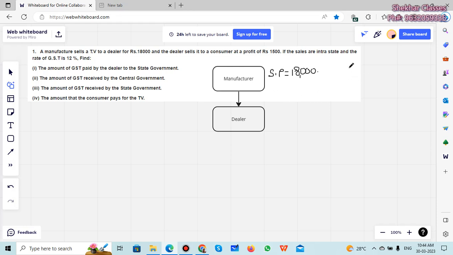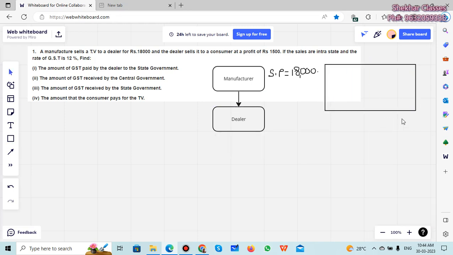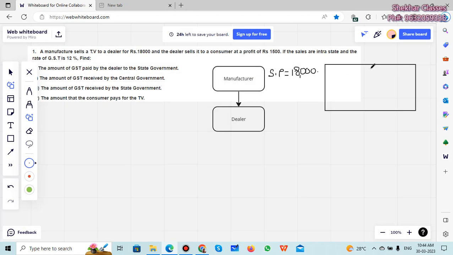So I'll have to make 2 columns over here. One column will be for SGST, another column for CGST.